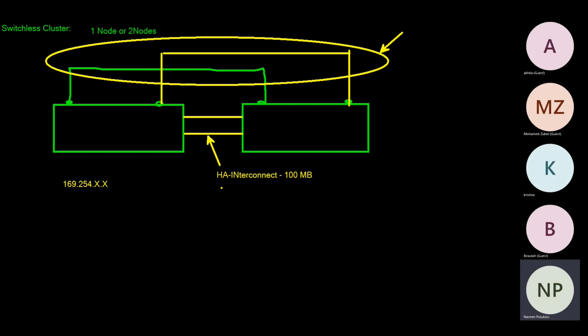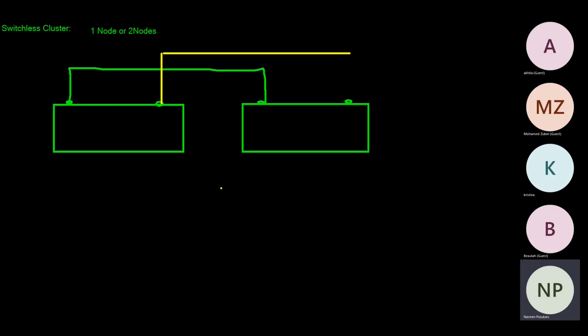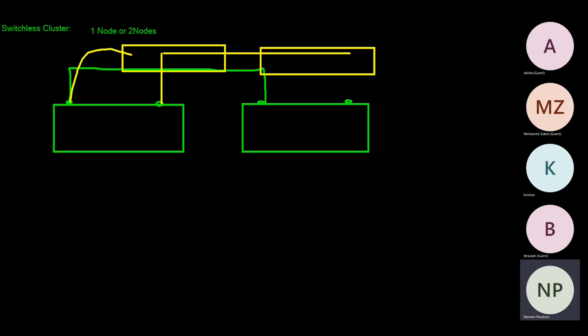That time, instead of having a switchless cluster, purchase the switches and configure it as a switched cluster, even if you have only two nodes. Just purchase switches and connect the nodes to switches only, so that you don't need to change anything.